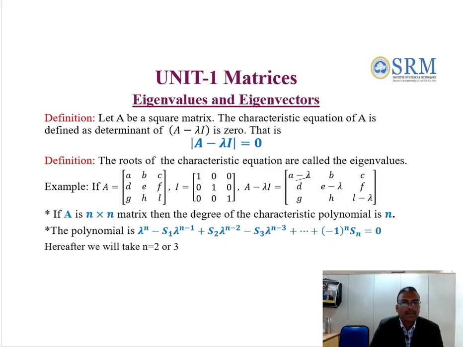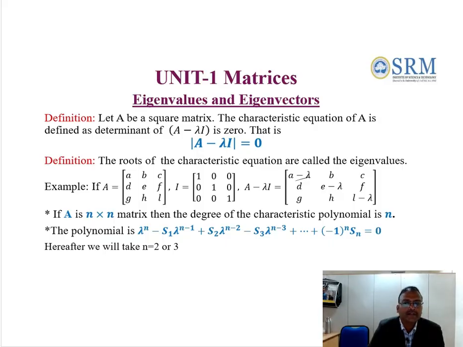Okay, right. Geometrically, what it says: suppose x is a vector, and x is an eigenvector corresponding to the eigenvalue lambda. That means if you plug the vector x into the matrix A, that gives lambda times x.